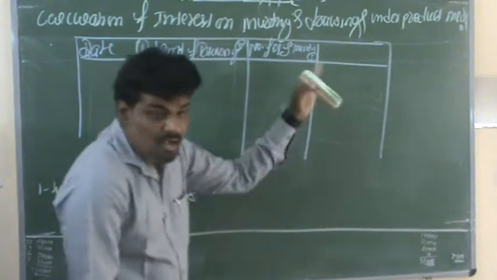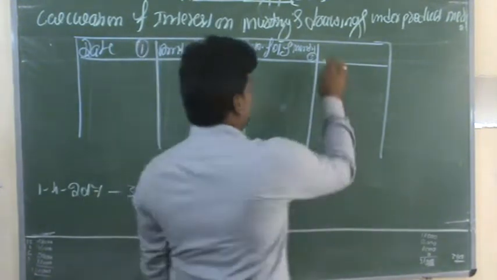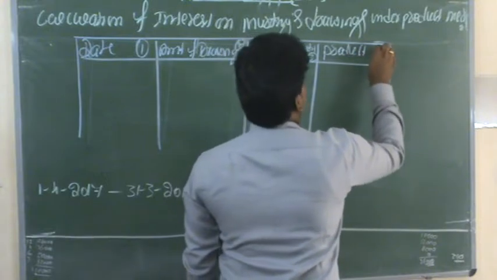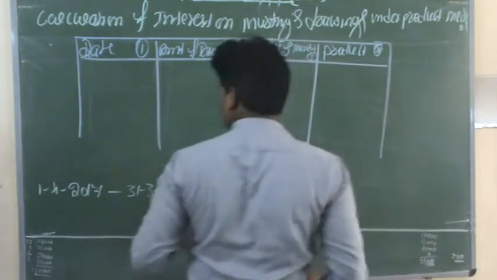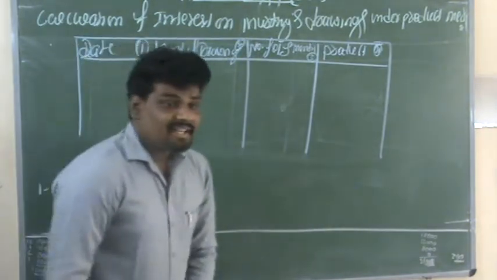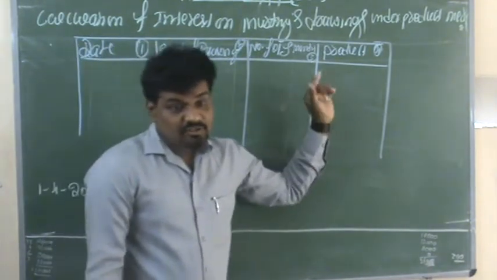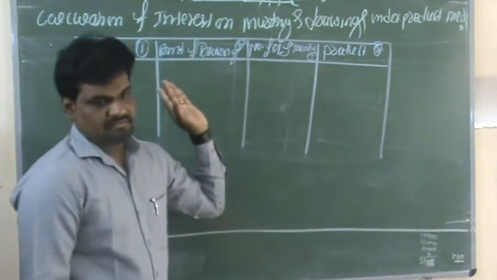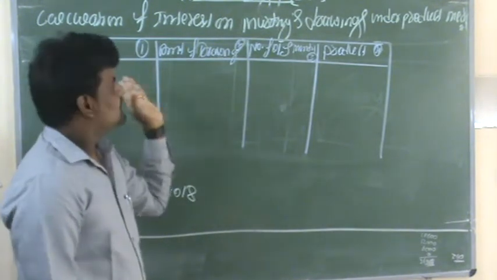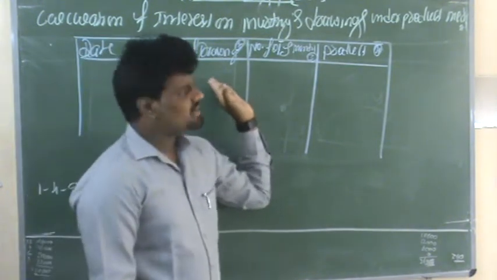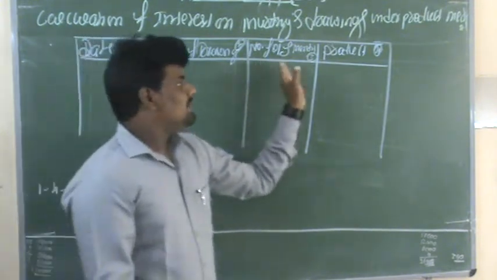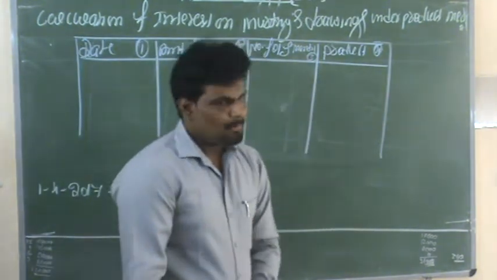The next and last column, product. For ascertaining the product, we need to take 4 different columns: date of drawings, amount of drawings, number of outstanding months or period, and total product.